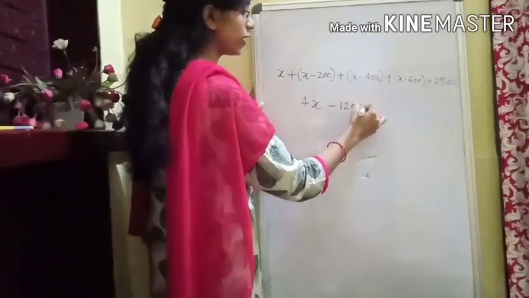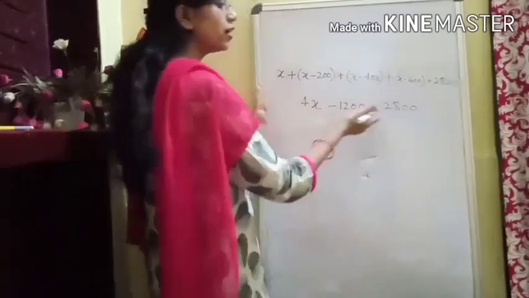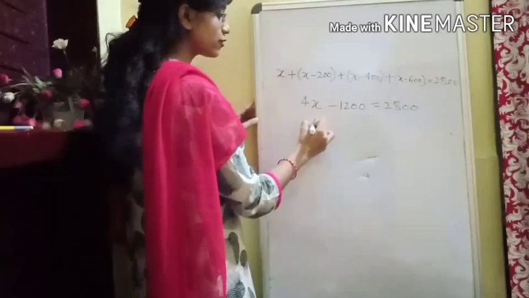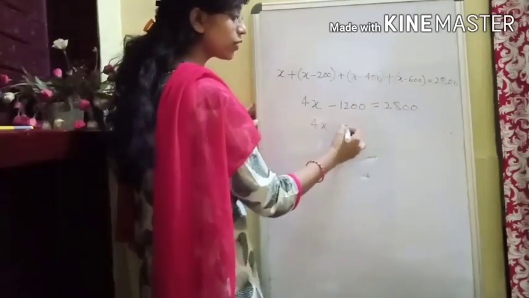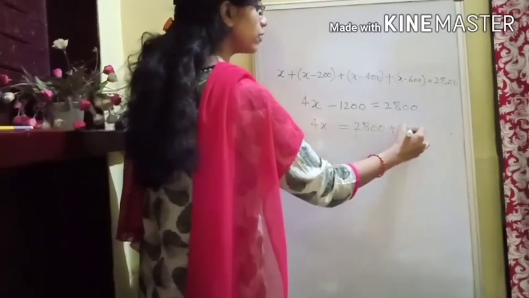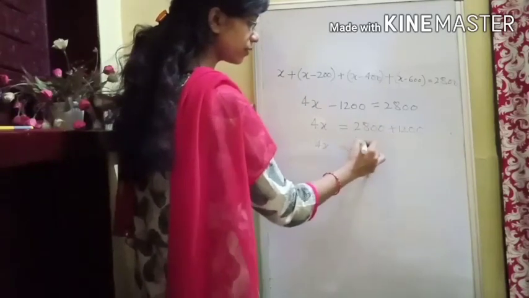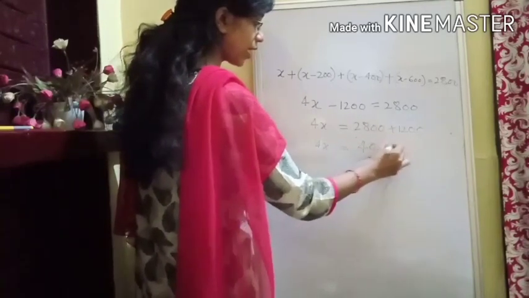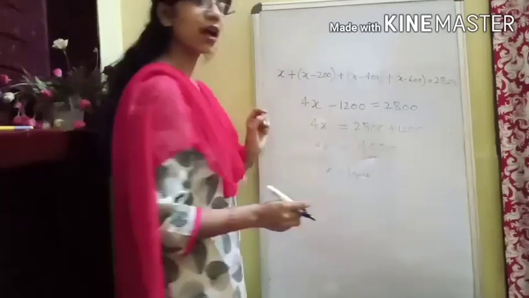It is 2800. Now 4X minus 1200 will go to that side and become plus 1200. That would be 2800 plus 1200, which is 4000. And when you simplify, the value of X is coming 1000 rupees.